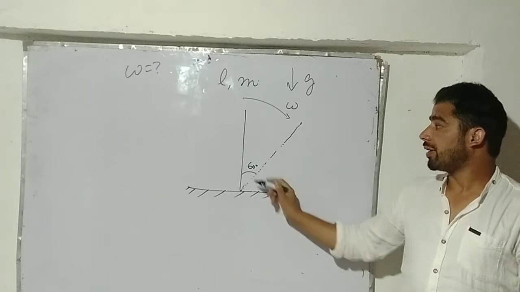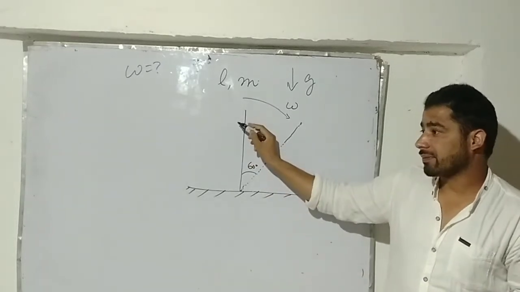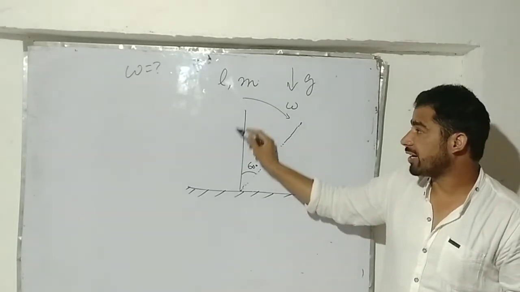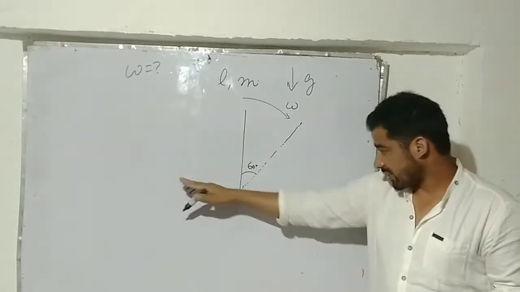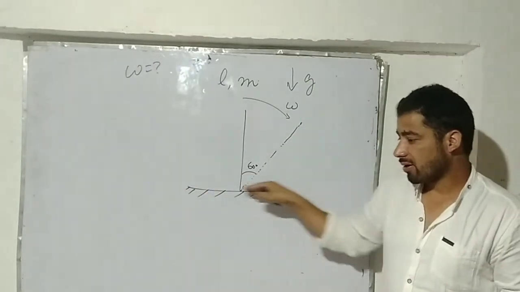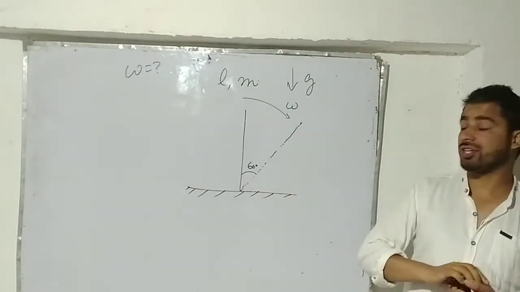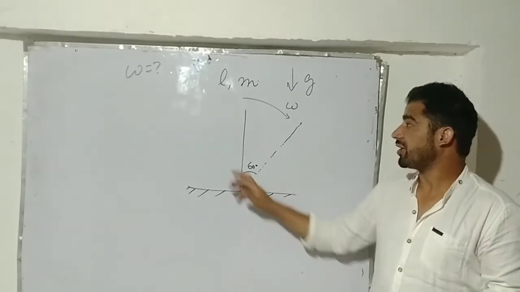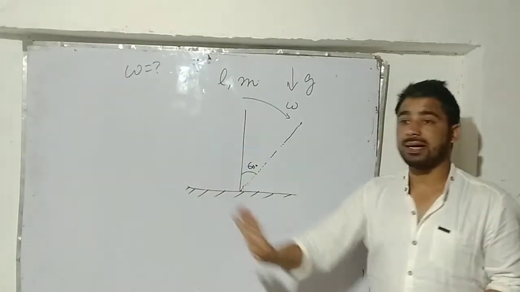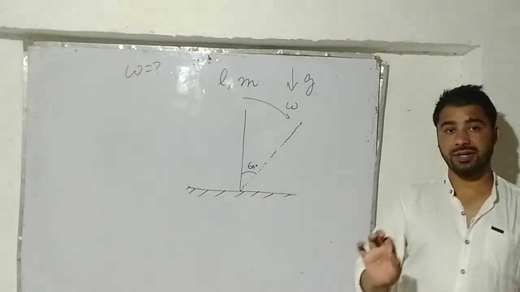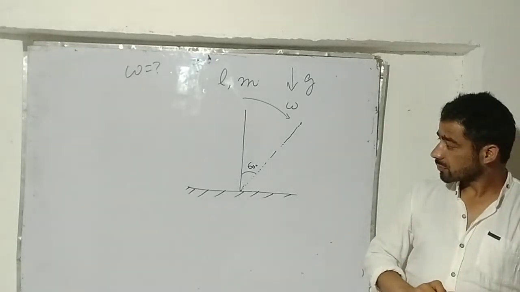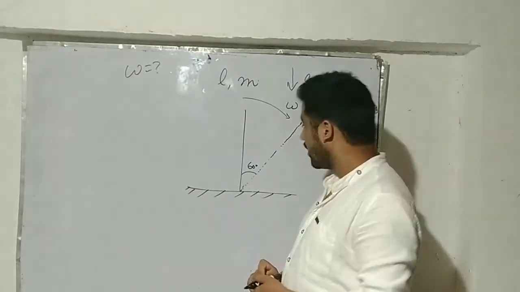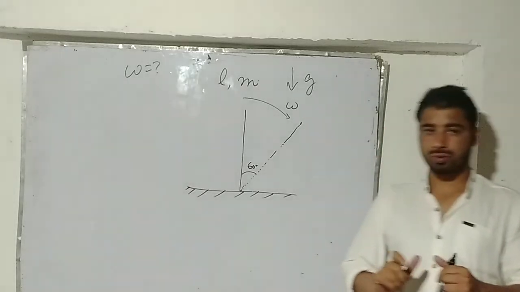But at what height should I take it for the potential energy calculation? Although the rod has a length L, what height can I take here?